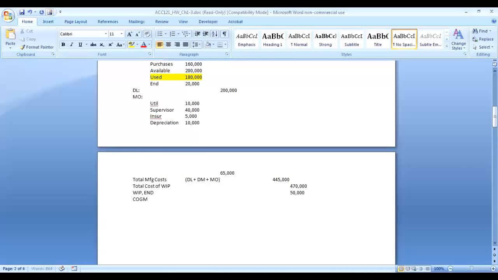That must be the cost of goods that I manufactured during this period. That's what we're shooting for on this bottom line. We're saying, what's the cost of those goods that I finished this period? So total cost of work in process for the period, the 470, minus those goods that still weren't done at the end of this period, tells me my cost of goods manufactured for this period. So 420,000.